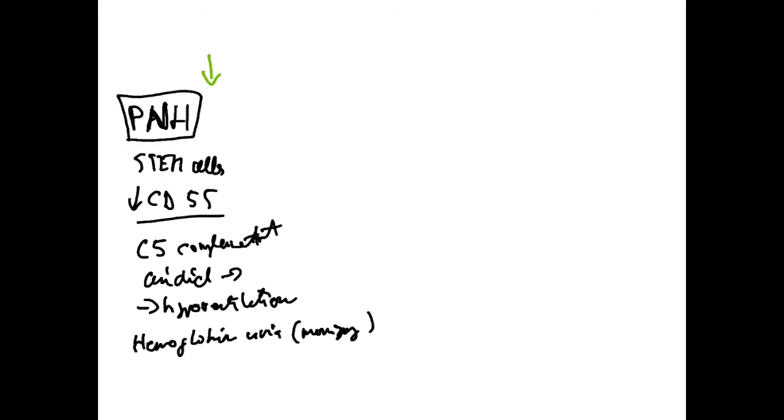And again next morning it's black, and then it turns normal again. Remember, in PNH it's a stem cell defect, so it's pancytopenia as well. Not only erythrocytes, but other blood cells can be decreased.